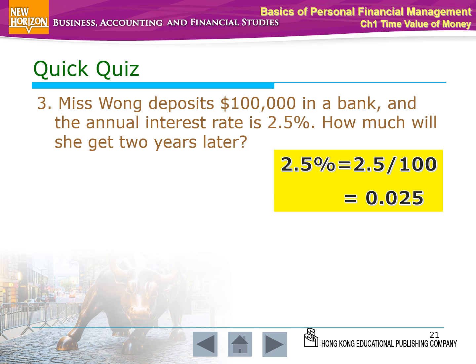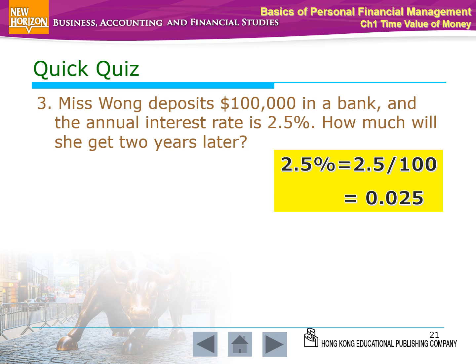Remember, some students do not know how to change percentage into decimal places. Say you see the numbers in the yellow box. 2.5% is equal to 2.5 over 100. So we turn the decimal place leftward by 2 places.